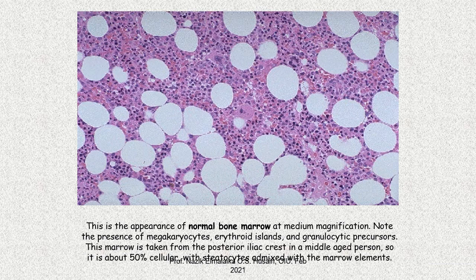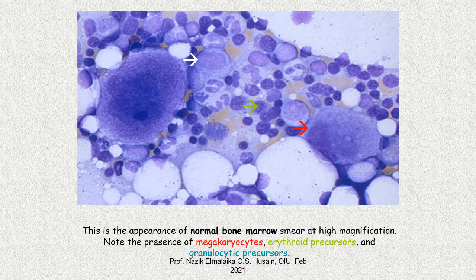The large cells seen here are the megakaryocytes, the precursors that produce platelets. It contains the red cell precursors and the white cell precursors. And these are the megakaryocytes, the largest cells in the bone marrow.